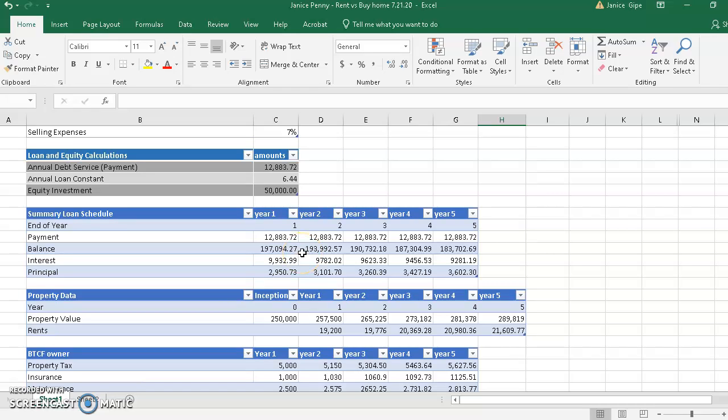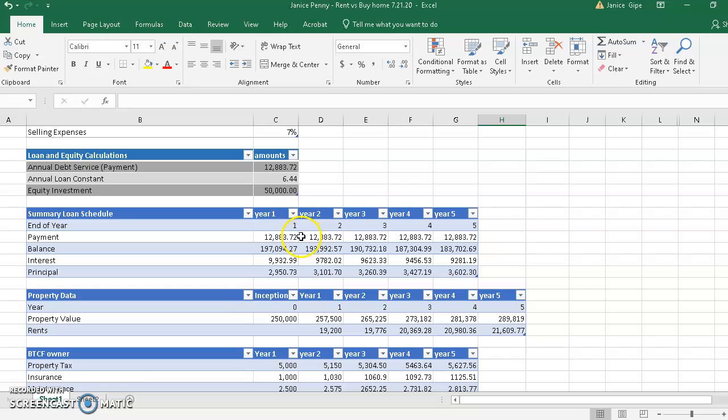You would think it would take the balance down $12,883, but it doesn't. You only reduce the loan amount by the principal payment, right here. The rest was interest. Initially you pay more interest on the mortgage, and gradually you pay less and less, which takes a while, but it does go down.